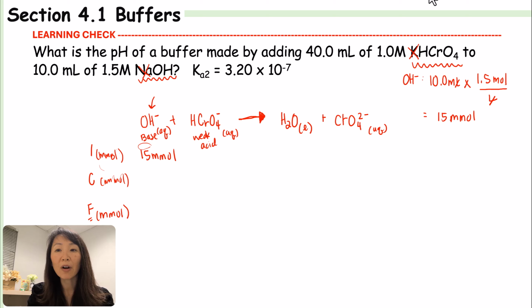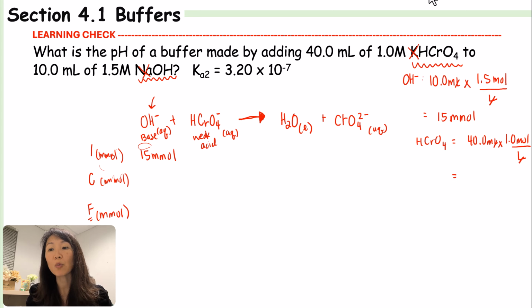Then we have our HCrO4, okay? How about that one? Well, there are 40.0 ml, and there's 1.0 moles over a liter. And the liters cancel out. And so if you calculate this out, 40.0 times 1.0 would give you 40 millimoles.